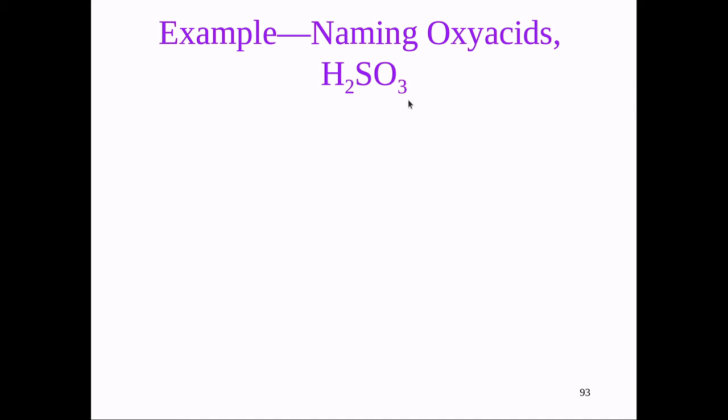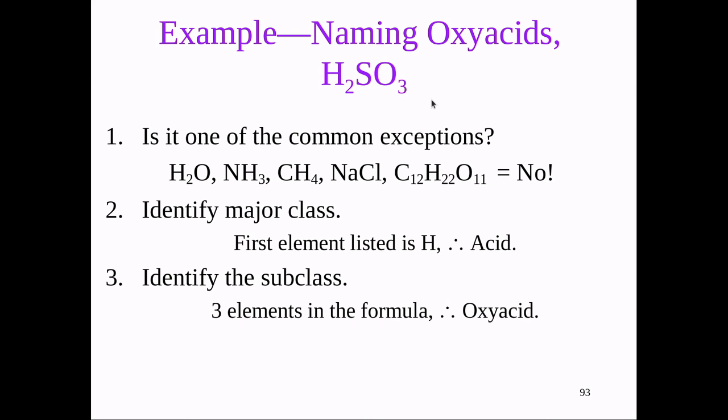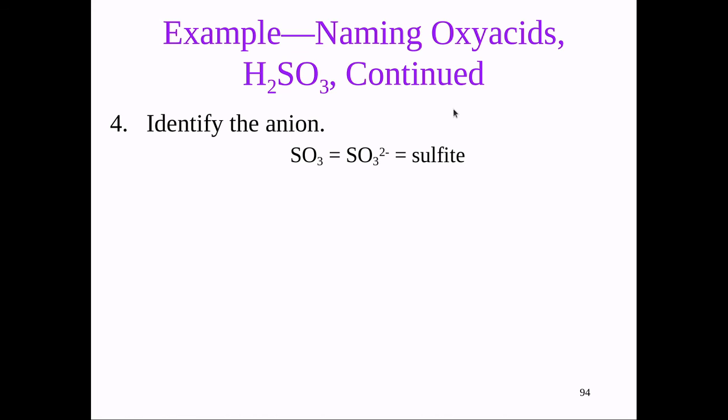Let's do another example. This time we have H2SO3 instead of SO4. Is it one of our exceptions? Nope. We can see that it's an acid, just like the other one. And we can see that it has this polyatomic SO3 in it, so it's an oxyacid. We identify the anion. This time we have SO3.